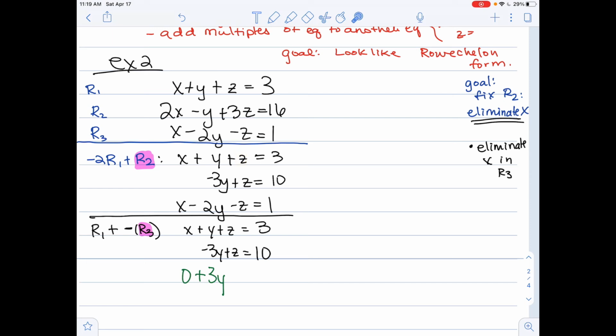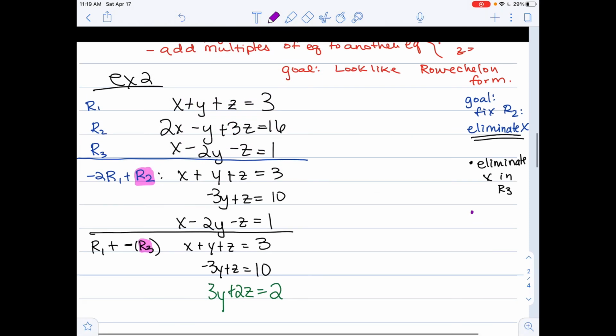And then z plus a negative z, that's going to give me 2z. And then 3 plus a negative 1 is 2. Okay, so what I've got now is I've eliminated the x in row 3.